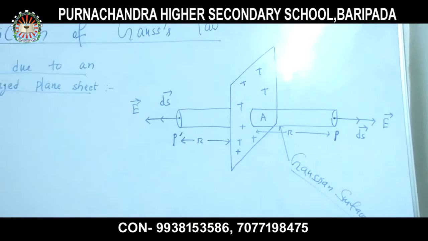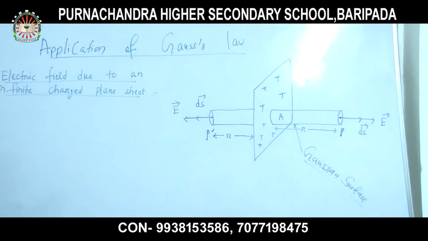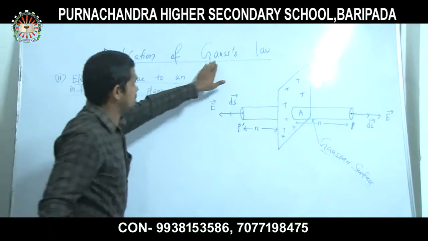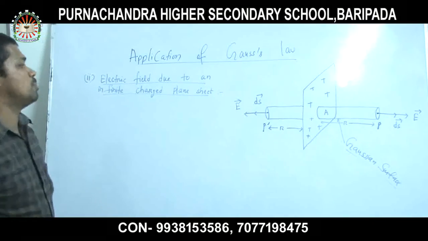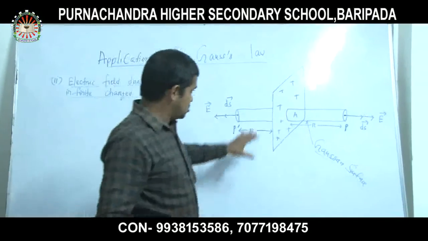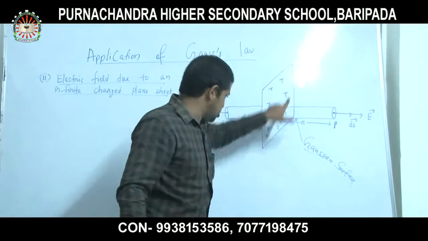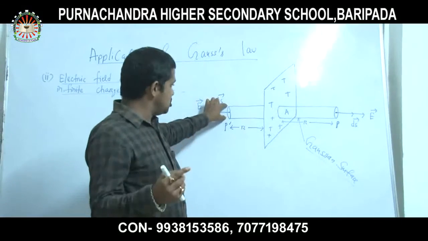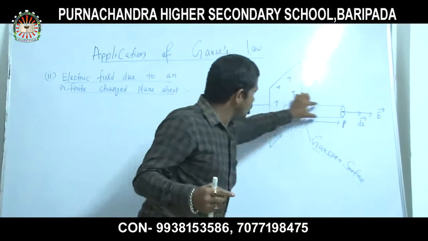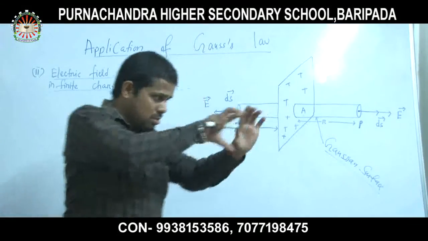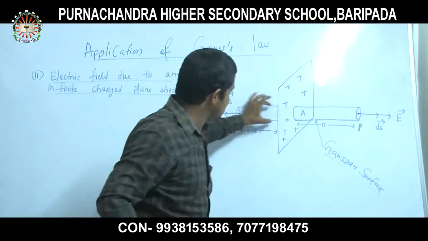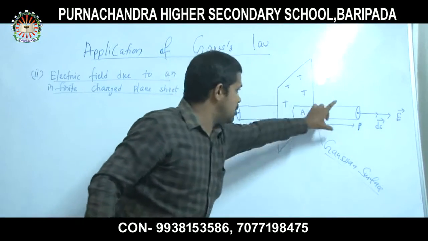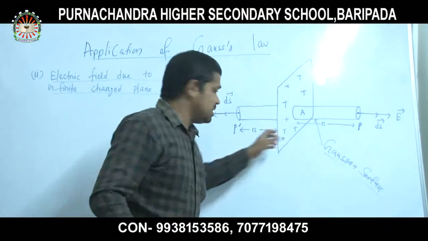To apply Gauss's law, we must assume a closed surface. So for this charged sheet, what type of Gaussian surface do we assume? A block, look at it, like a log of wood. This log of wood type of Gaussian surface I will take, whose length is 2r.